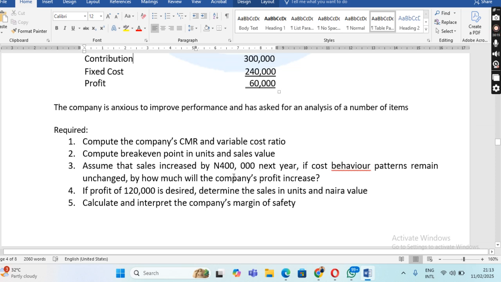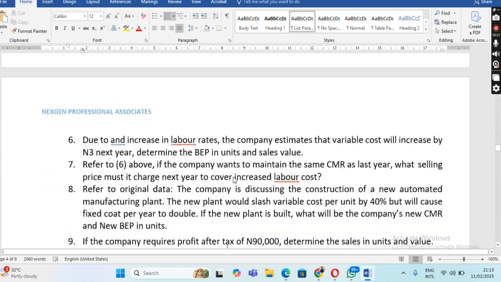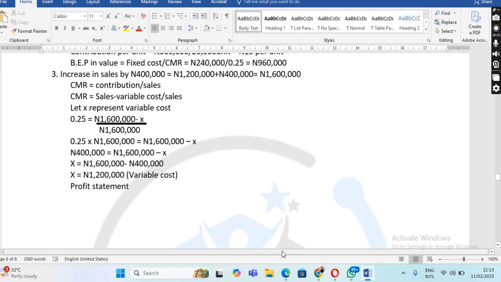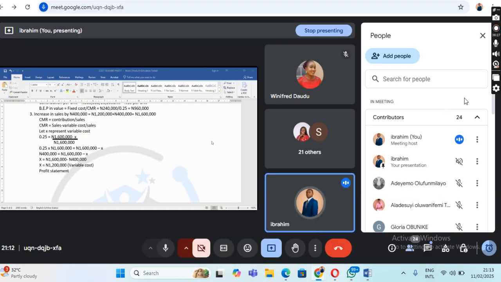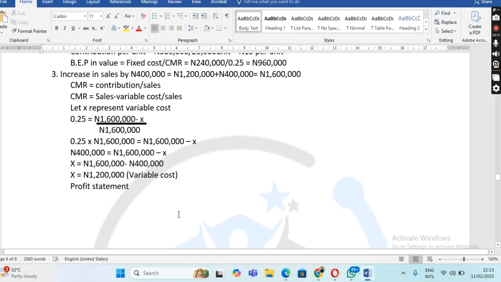Now, you can see that the question says by how much will the company's profit increase. So now let's go. We need the profit statement. Now, our sales is 1.6 million.